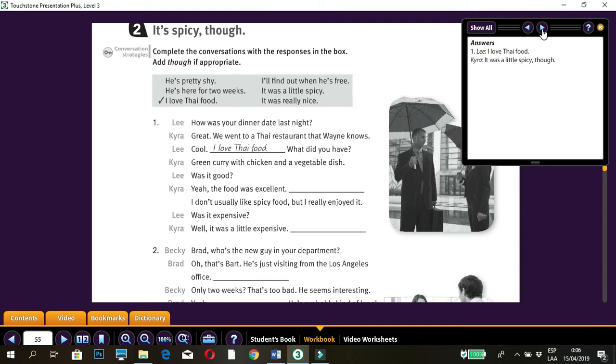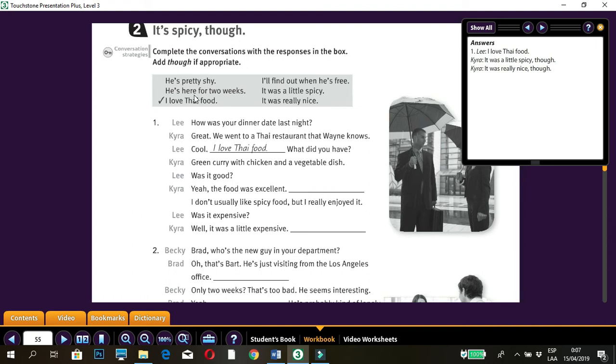And it was really nice though. Okay, so this is in number 1. So I love Thai food. Yeah, the food was excellent. It was a little spicy. So here you have to write, it was a little spicy though.